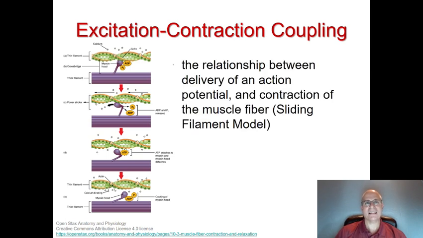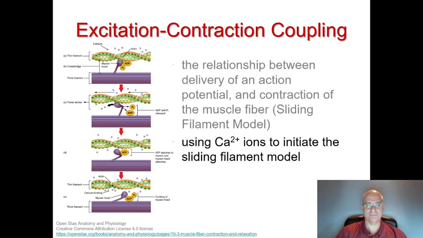So when we talk about excitation-contraction coupling, we're talking about the relationship between the delivery of an action potential from a motor neuron to a muscle fiber, and then what's happening in our muscle fiber in order for the sarcomere to contract. And we know that it contracts using actin and myosin sliding over one another, which we call the sliding filament model.